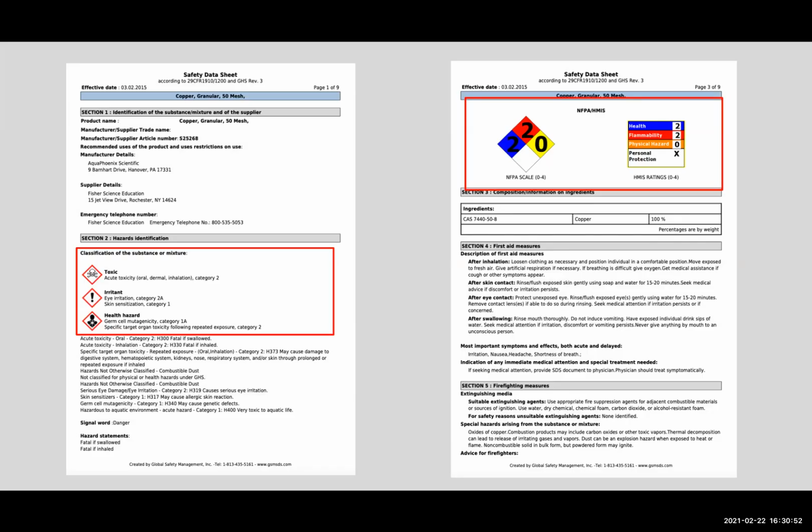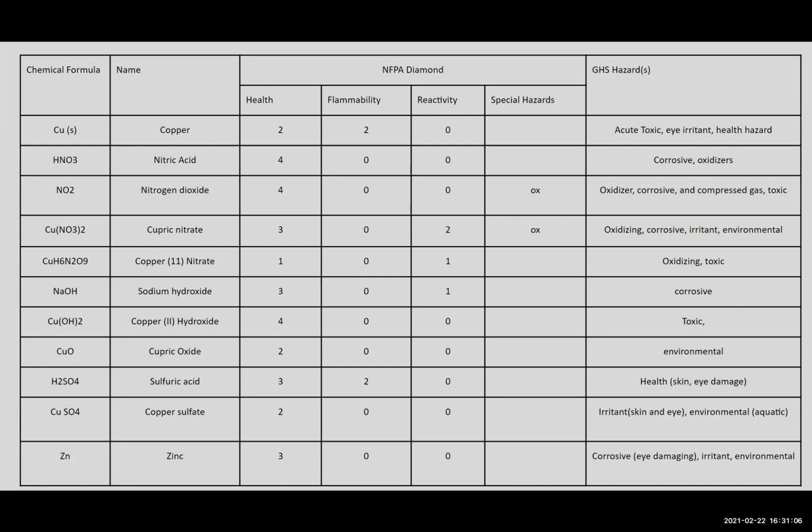Using the similar data sheets, we were able to identify each reactant's safety hazard as shown in the table here. From copper to zinc, each chemical formula had its corresponding NFPA diamond category from 1 to 4 for health, flammability, reactivity, and special hazards, and its specific GHS hazard.